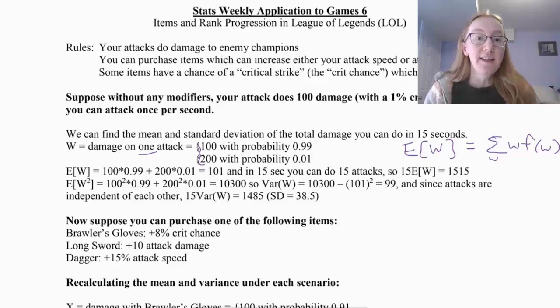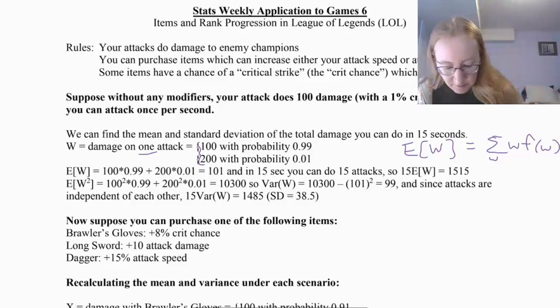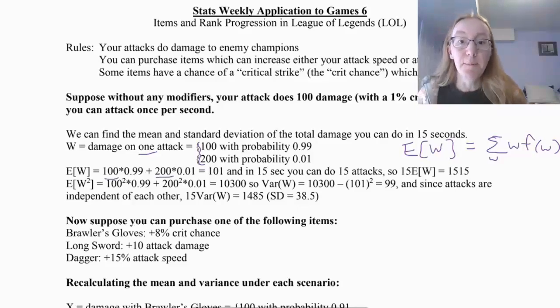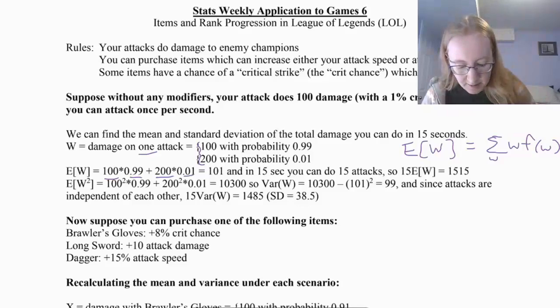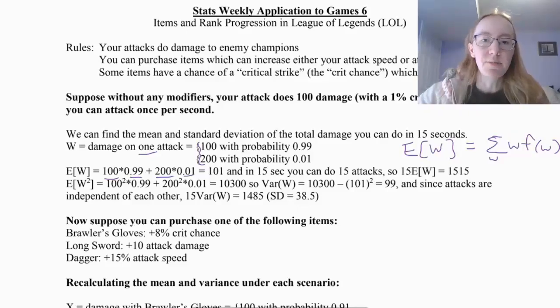So in this case, there's two possible values, 100 and 200, and then we're multiplying by the probability, 0.99 and 0.01. And altogether we get a mean of 101 damage per attack, and in 15 seconds you can do 15 attacks.